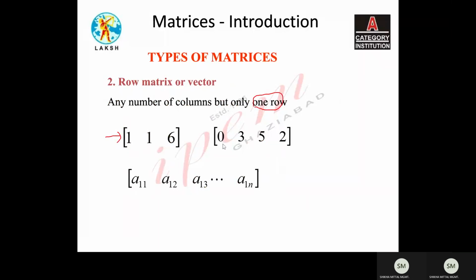In the second example, the number of rows is 1 and the number of columns is 4: 1, 2, 3, 4. So here we can observe that there is only one row and the number of columns can be any finite number. In general, we can write it in the form a11, a12, a13 up to a1n. So here there is only one row and the number of columns is n.